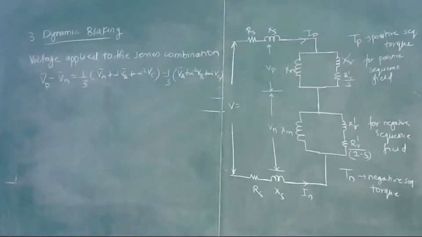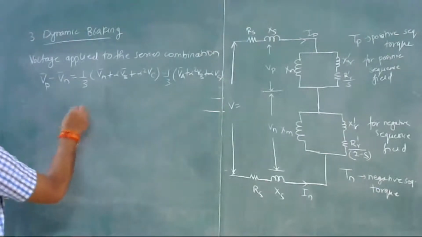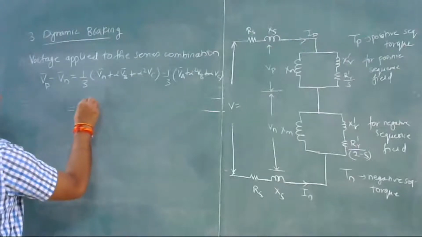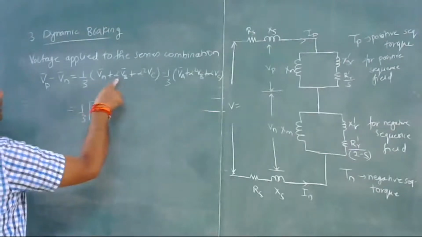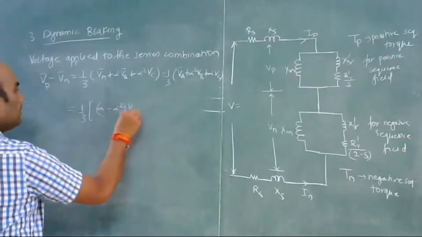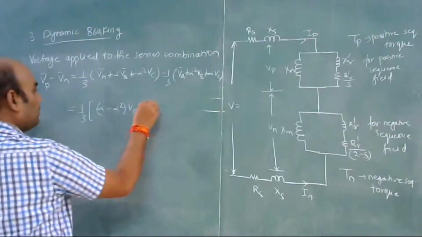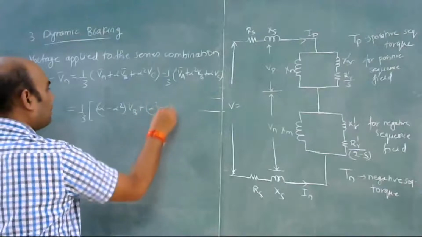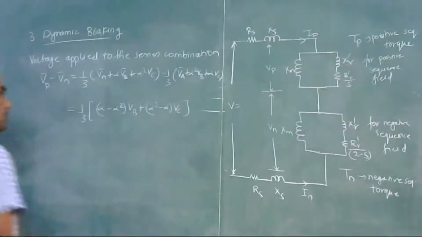Here VA is equal to 0. So you get 1 by 3 of alpha minus alpha square VB plus alpha square minus alpha VC.